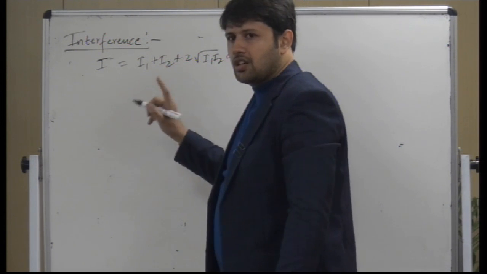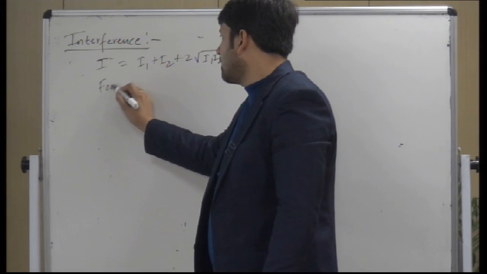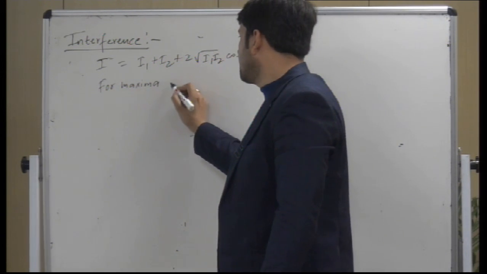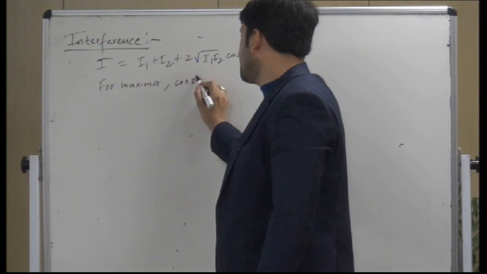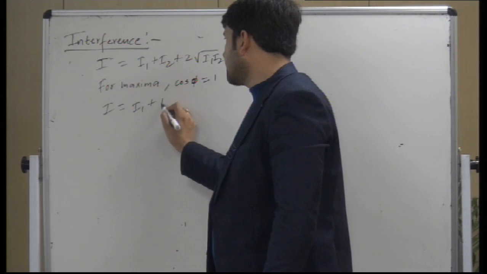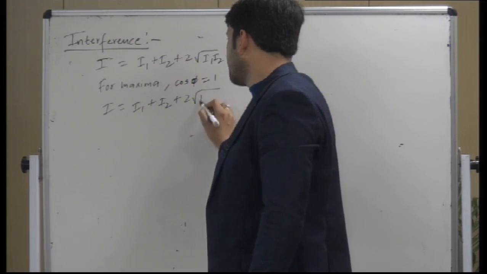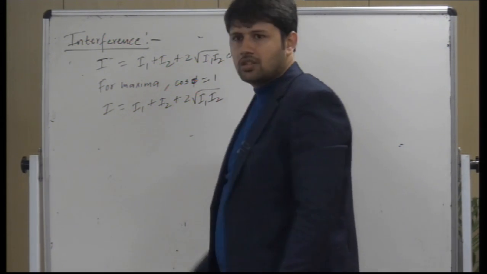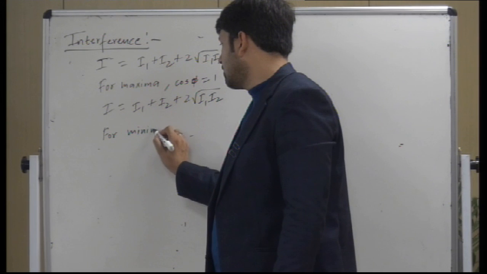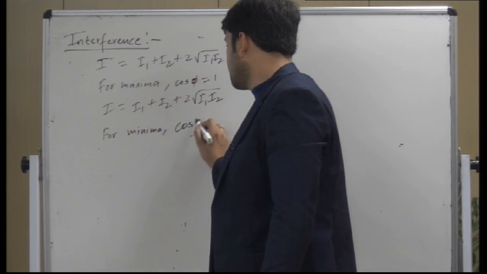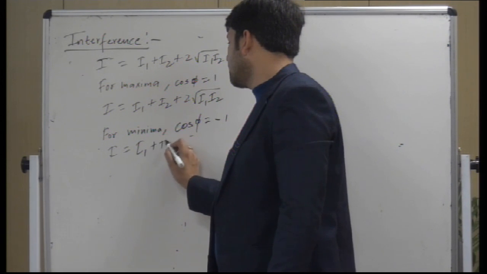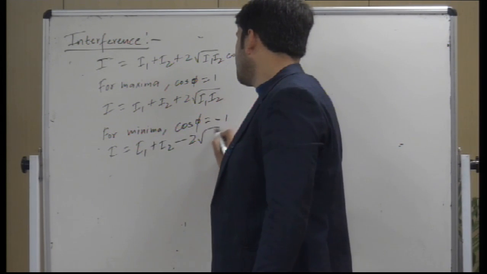Now for maximum, meaning bright portion, cos phi should be 1. I would become I1 plus I2 plus 2 root I1 I2. For minima, you already know, cos phi should become minus 1. So I would become I1 plus I2 minus 2 root I1 I2.